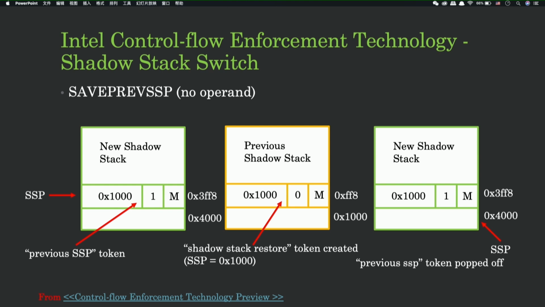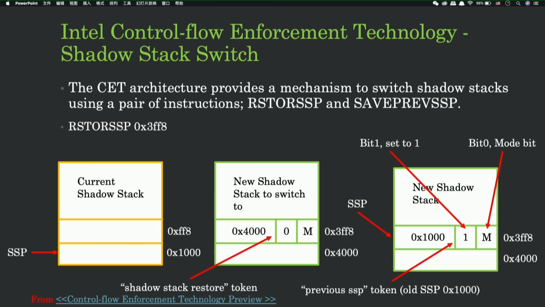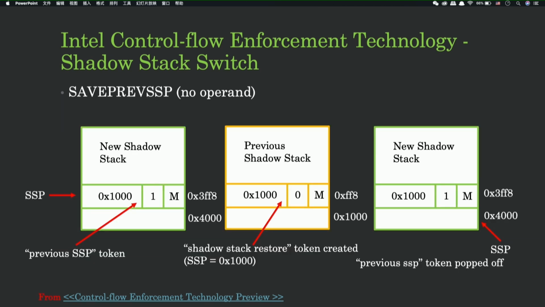And then we put this, which contains the address of the previous shadow stack, which is here. And then this is the address, and this 0 means it is the shadow stack restore token.